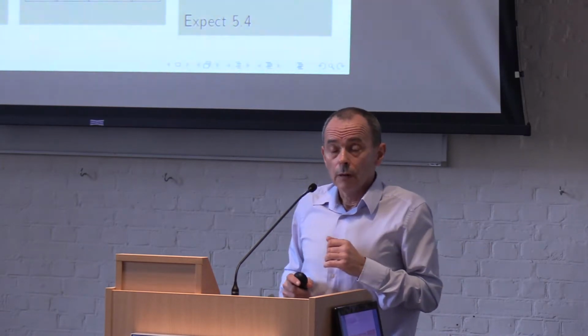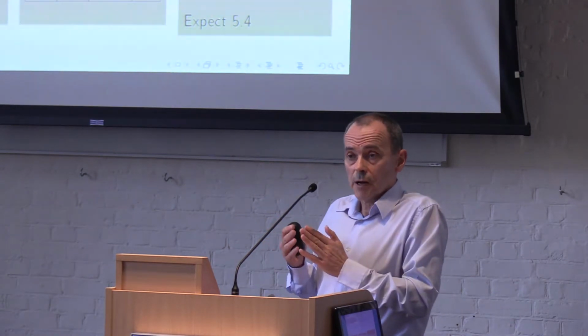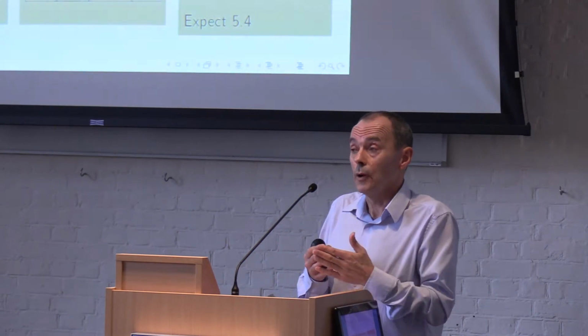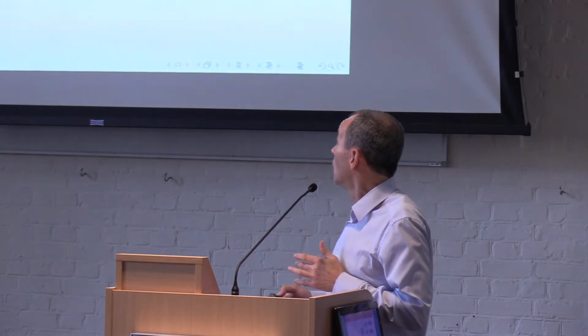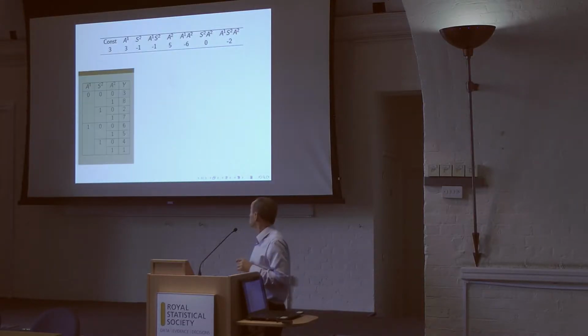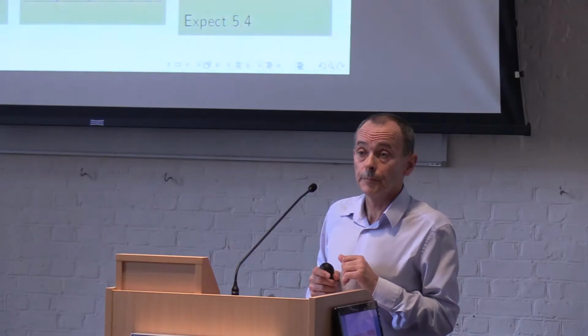Now what do I do at A1? Well, A1 occurs before S2. S2 is a random variable, so I've got to average over the distribution of S2, which may depend upon A1. If you look there, the distribution of S2 does indeed depend upon A1. And if you work it out, if I choose A1 is 0, and then the optimal A2, I'll get y is 8 with probability 0.2, and y is 7 with probability 0.8, and that's an expected value of 7.2.